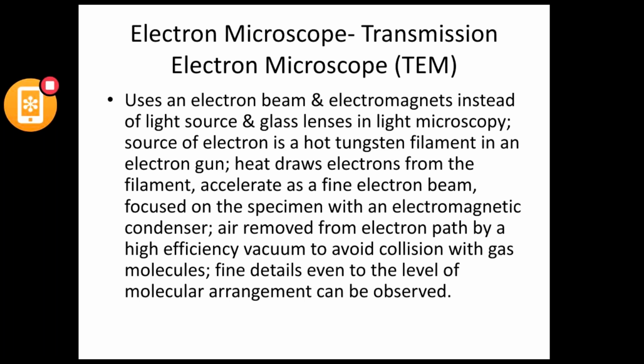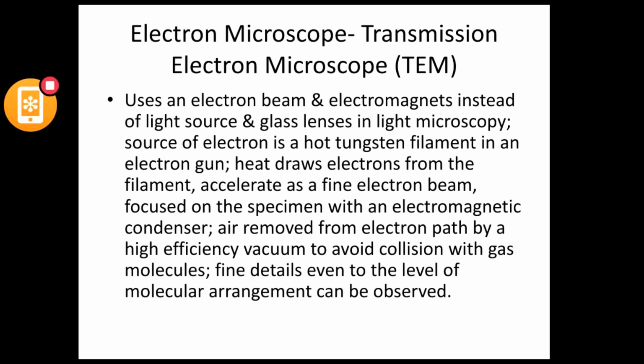The source of electrons is a hot tungsten filament in an electron gun. As explained in the previous slide, around 60,000 volts is applied in electron microscopy. Using this voltage, electrons are withdrawn from the hot tungsten filament.